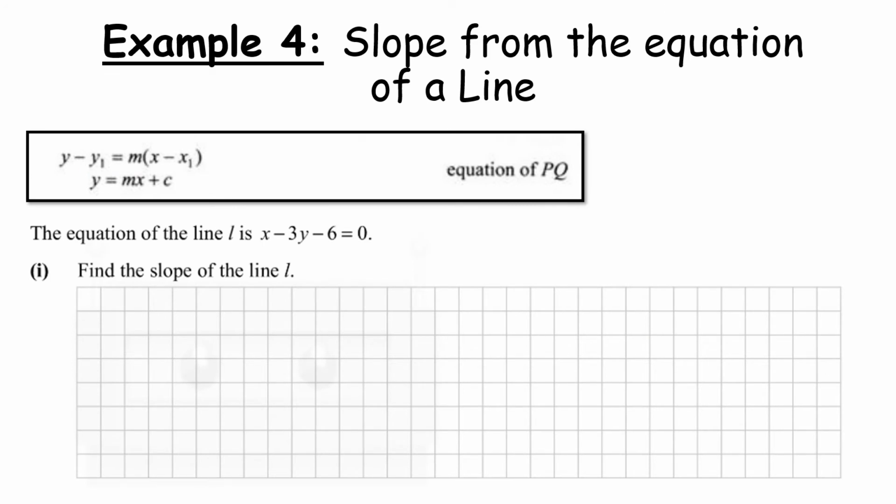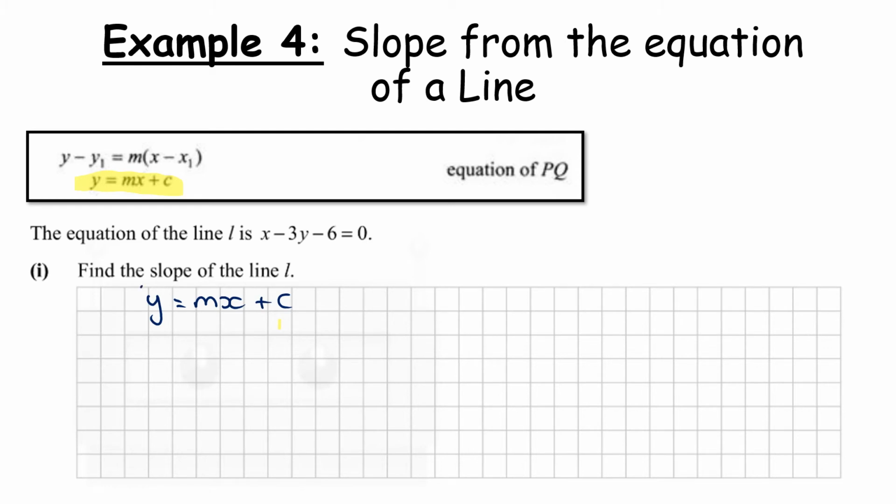So now we have the same question again, find the slope from the equation of a line, although what I'd like you to notice in this case is the equation of the line L is given as x minus 3y minus 6 equals 0. So just like before, we're using y equals mx plus c, but you'll probably notice that our formula and the equation of the line are not looking like each other.